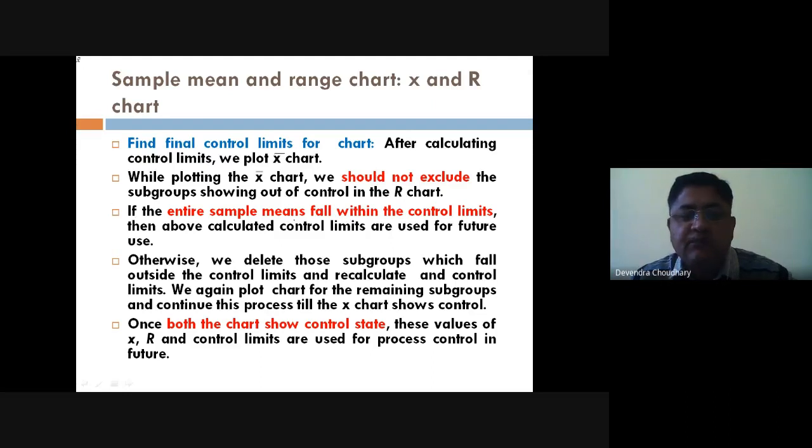If all the sample means fall within the control limits, then the above calculated control limits are used for future use. Otherwise, we delete those subgroups which fall outside the control limits and recalculate the control limits. We again plot chart for the remaining subgroups and continue this process till the X bar chart shows control.